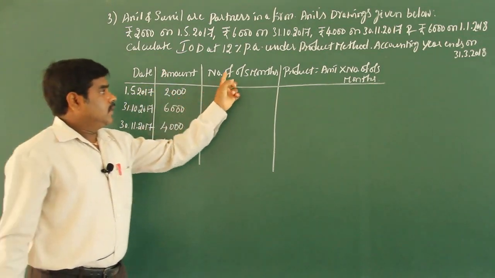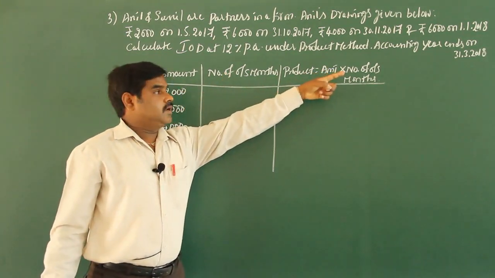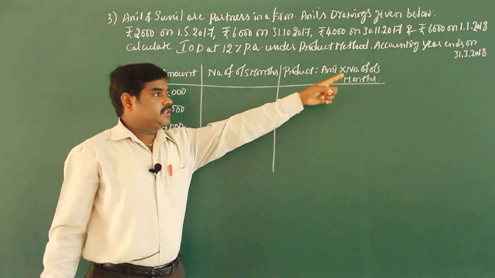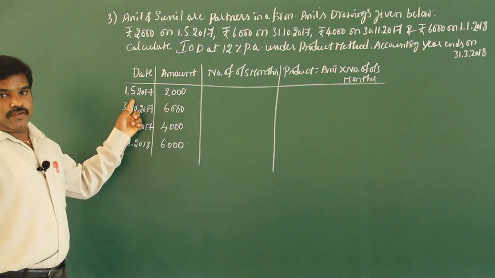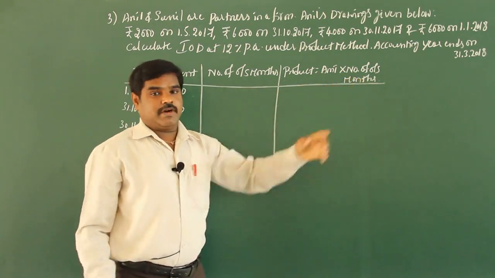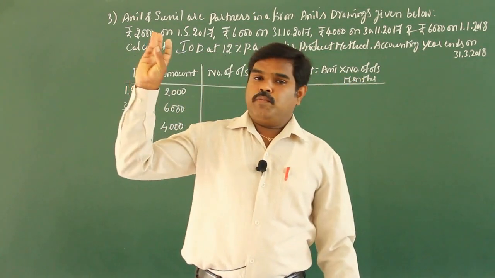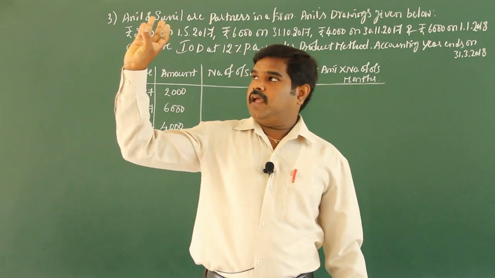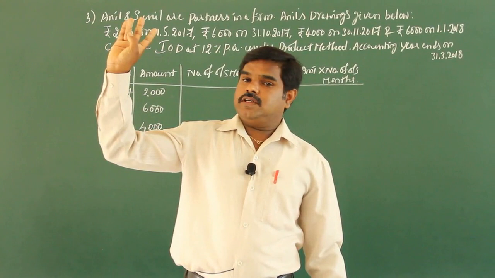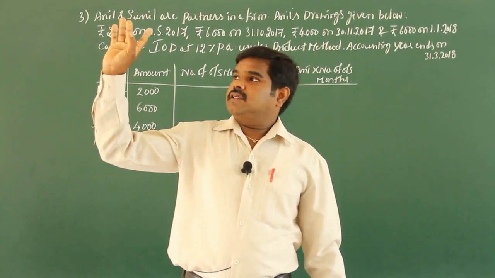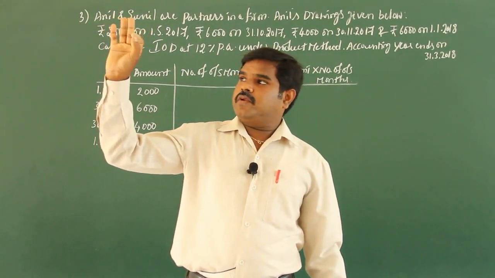Now calculate the number of outstanding months based on the accounting year, which ends on 31st March 2018. The first date of drawing is 1/5, so from 1/5 to 31st March, May should be included: May, June, July, August, September, October, November, December, again January, February, March.